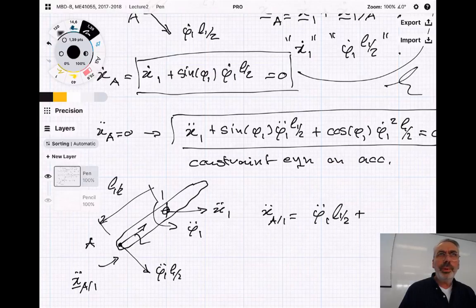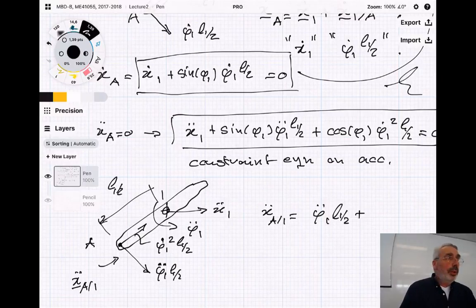Centripetal, centrifugal, it's also a good one. Centripetal is also good. There are a number of names for the same thing. And that is phi dot 1 squared L1 over 2.